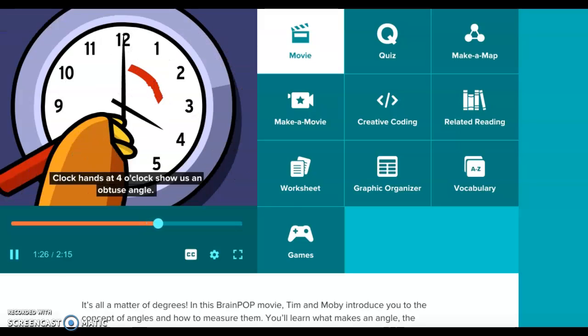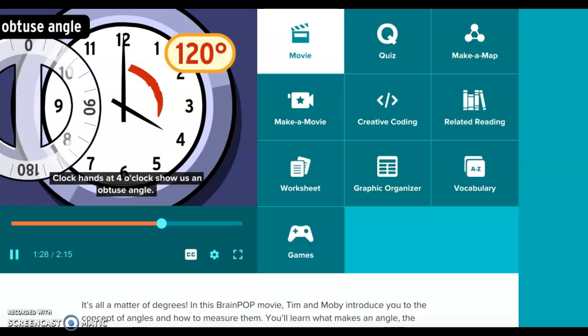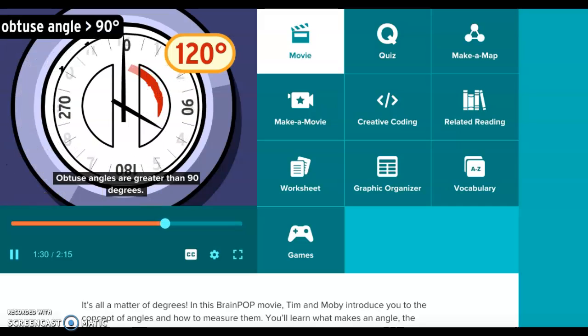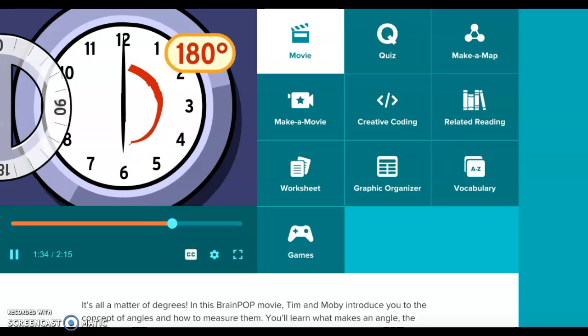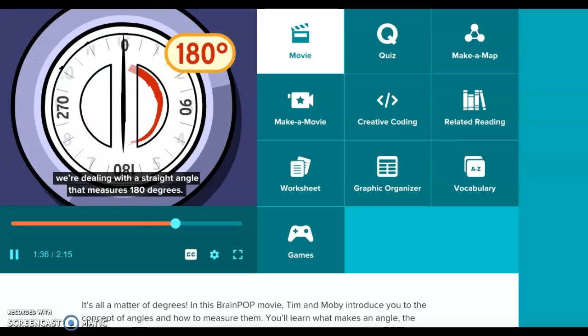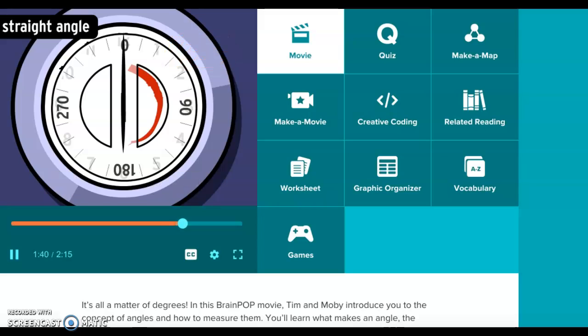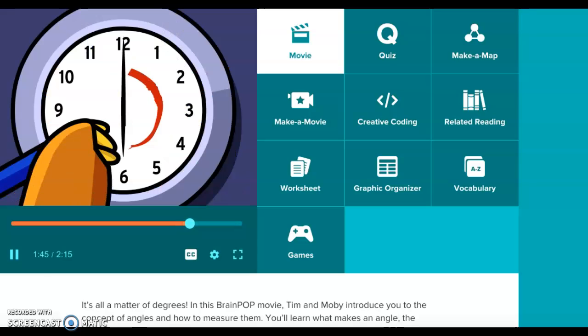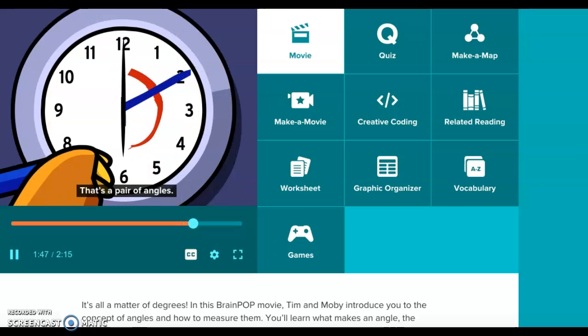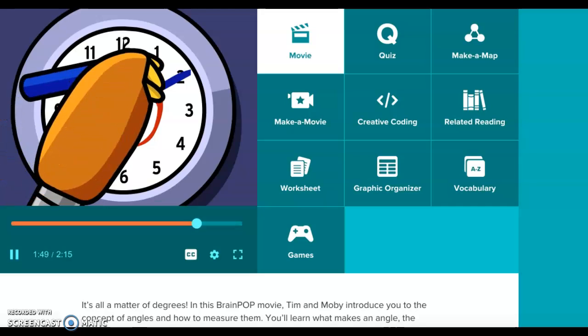Clock hands at 4 o'clock show us an obtuse angle. Obtuse angles are greater than 90 degrees. With the hands at 6 o'clock, we're dealing with a straight angle that measures 180 degrees. Right, that's also just a line. That's a pair of angles.